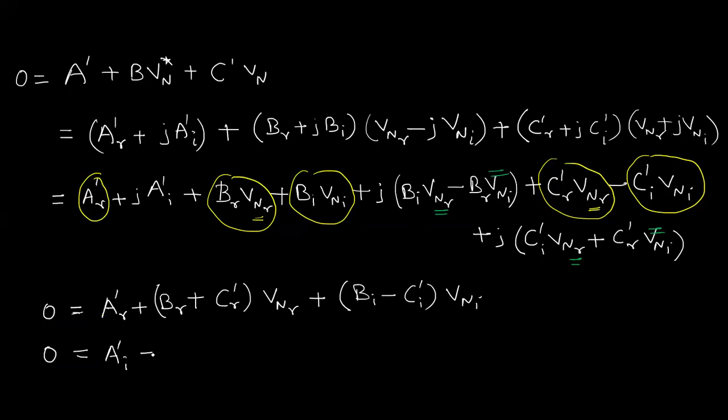So that becomes like this, BI VnR plus C dash I multiplied by VnR, and so on.